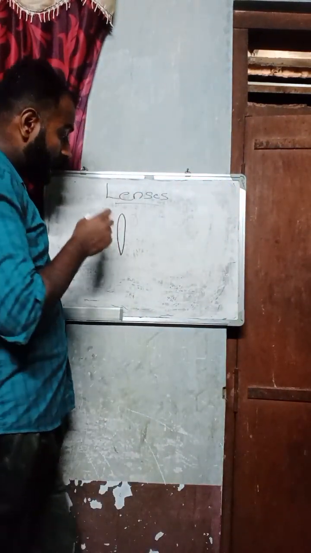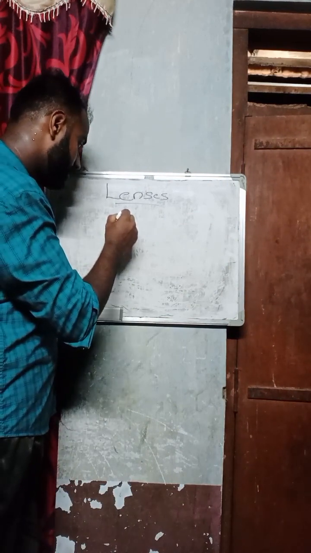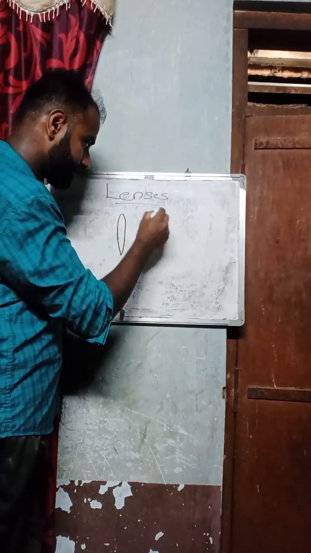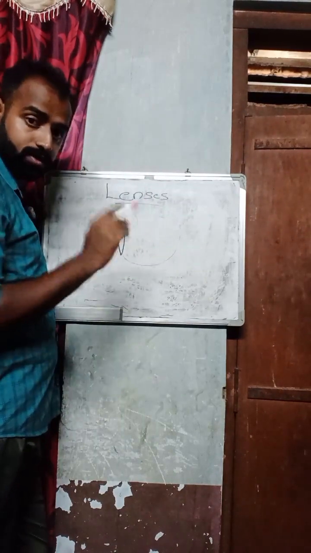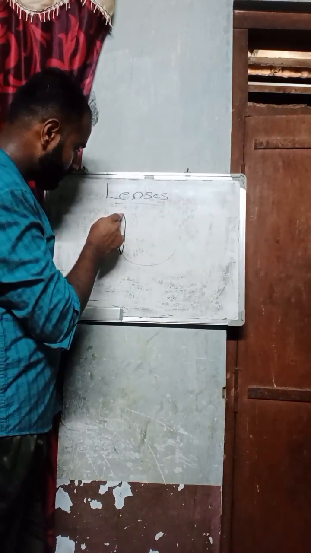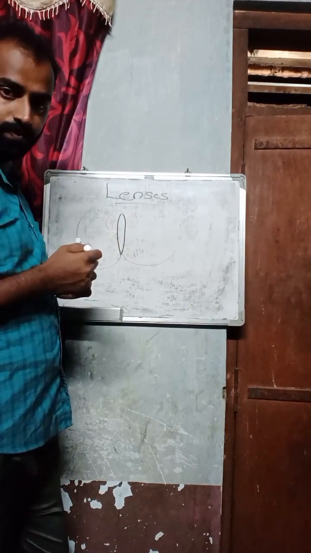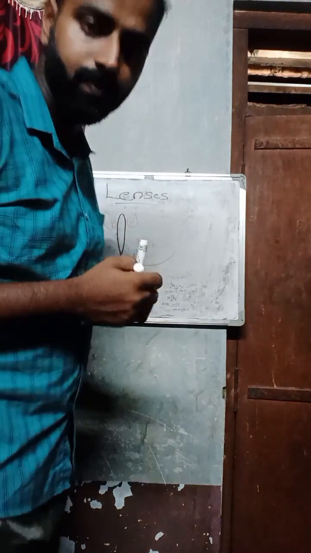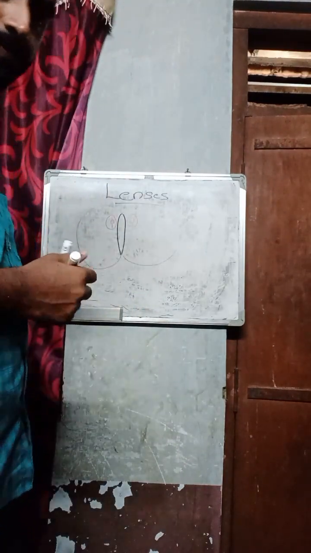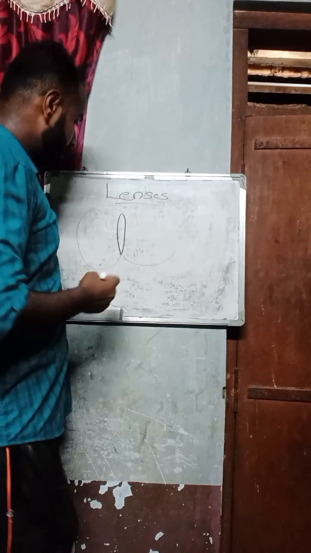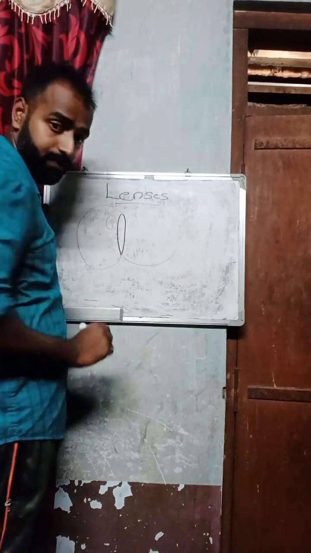Assume this first surface is a part of a big sphere. And the second surface is also a part of another sphere. This is the center.